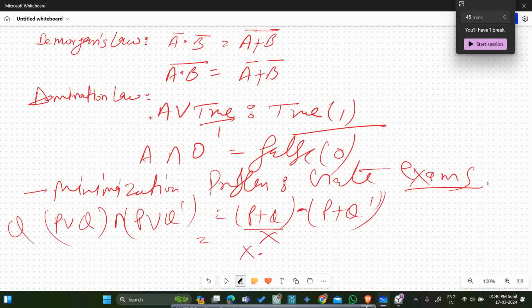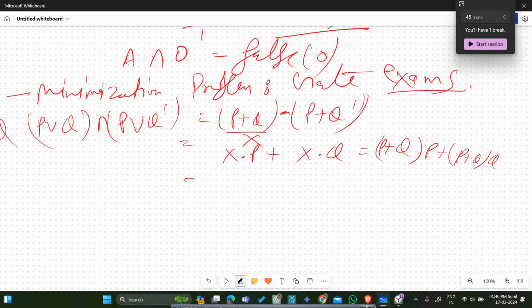So X dot P plus X dot Q. So what is X? X is P plus Q dot P plus P plus Q dot Q. All right. So what we will do next is P dot P distributing over this, plus Q dot P, then plus Q dot Q.